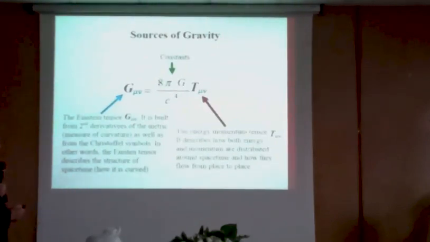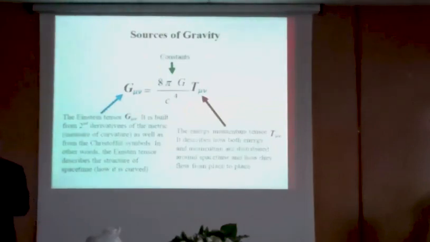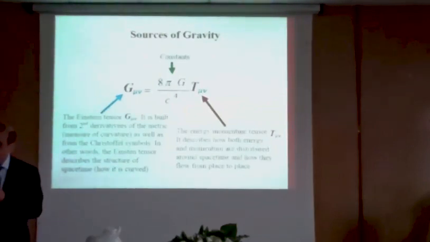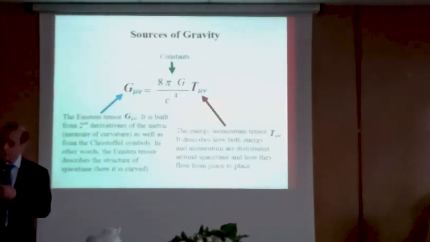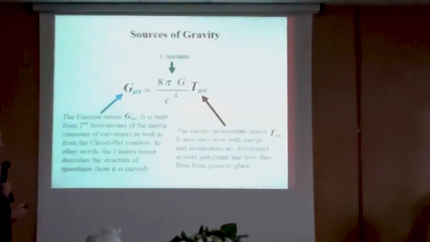And on the right-hand side, I have the energy momentum tensor. This is a very important quantity in general relativity. It shows how energy flows from one point to another point in space-time. So in fact, this quantity represents matter, this quantity represents geometry. So there is a relation between geometry and matter in general relativity.